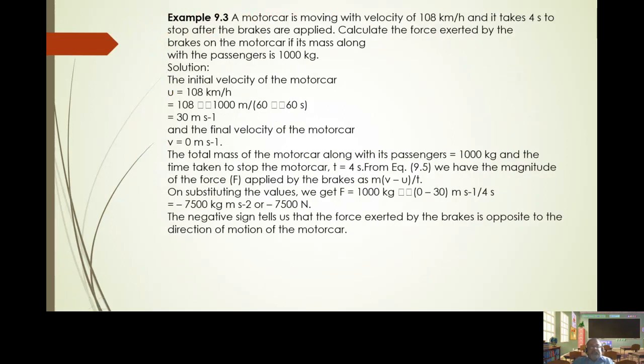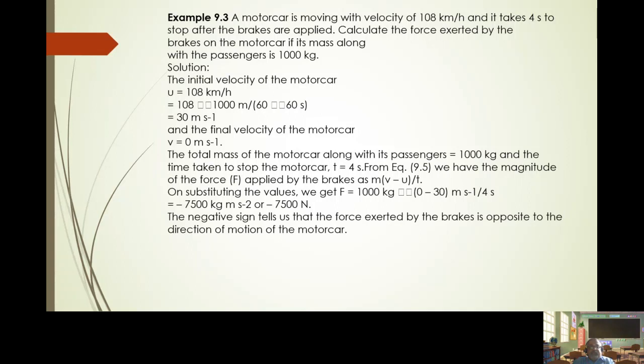Next is an example of a motor car moving with a velocity of 108 km per hour, and it takes about 4 seconds to stop after the brakes are applied. Calculate the force exerted by the brakes on the motor car if its mass along with the passengers is 1000 kg.